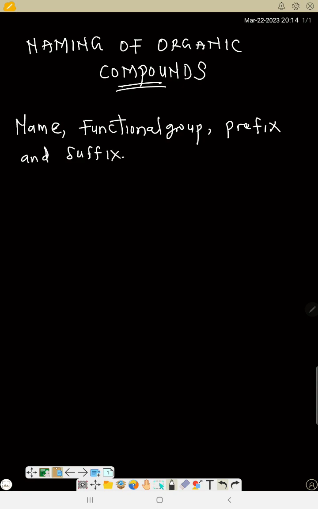So now I'll take alkanes first. So the general formula for alkane is CnH2n plus 1.